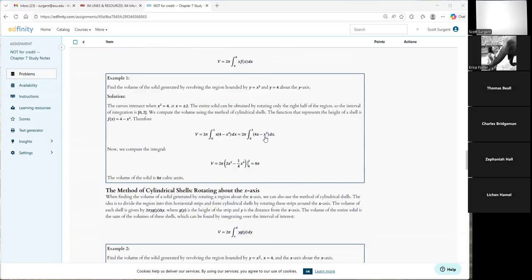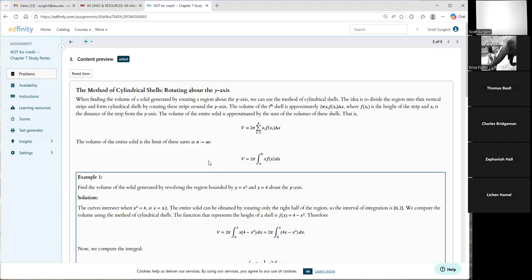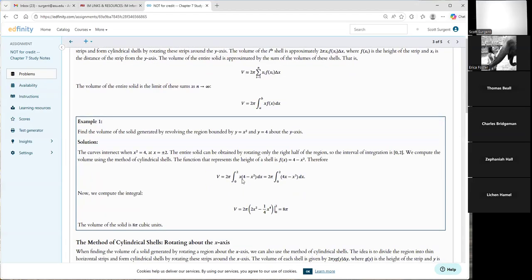I understand how it works, and I understand it's opposite of the way the washer and disk method works. But in that first example, you get 4 minus x squared, which I understand why they did, because you have y equals 4 and y equals x squared. Totally understand it. I get it.